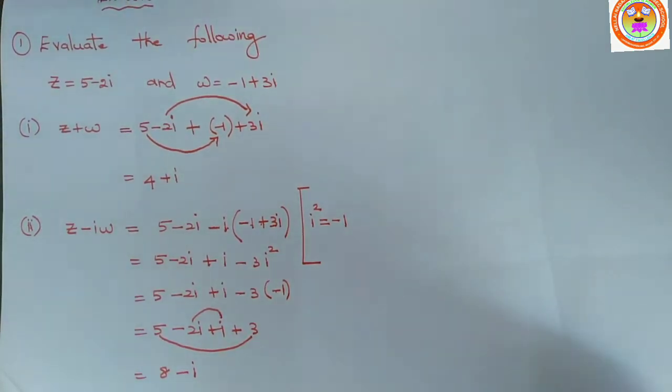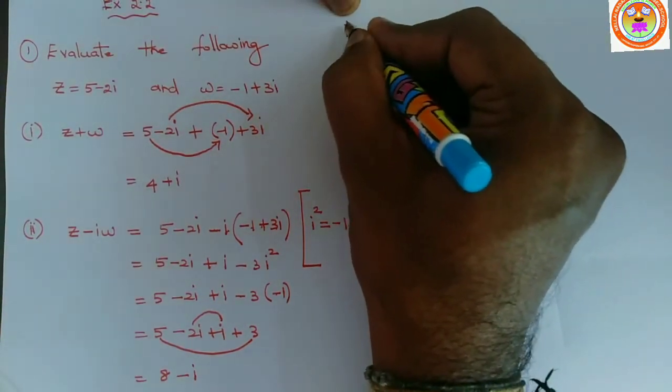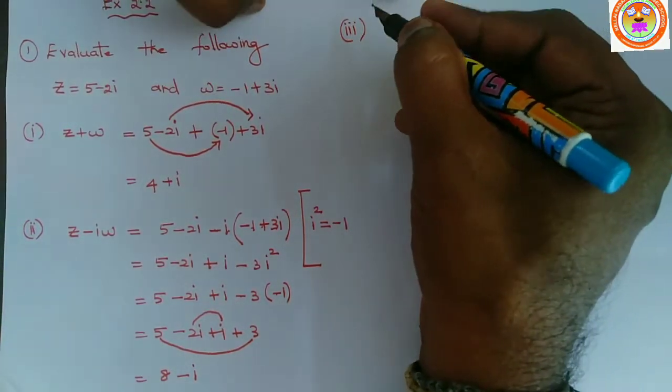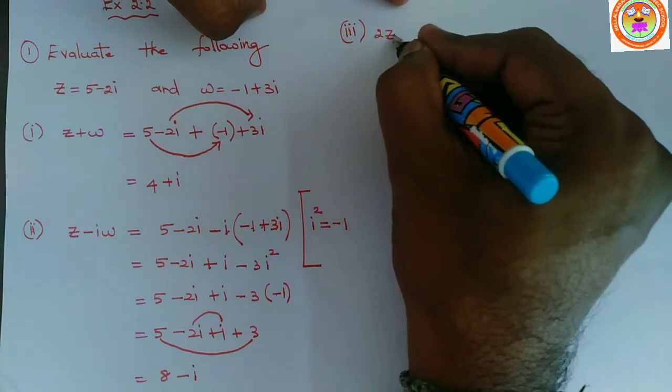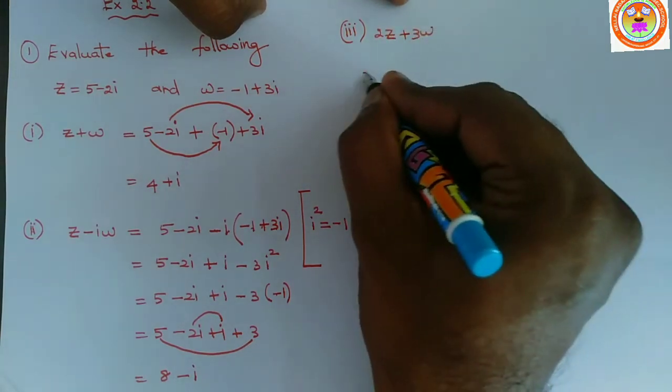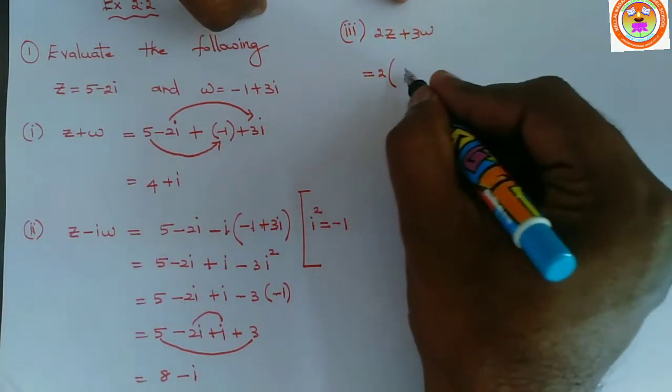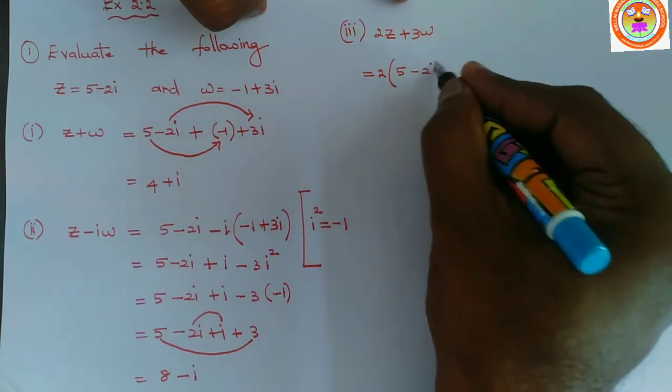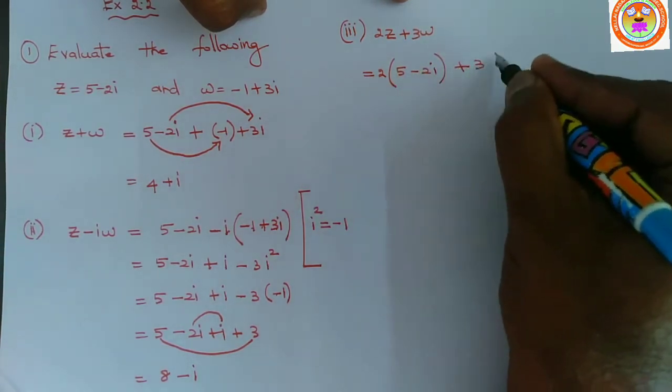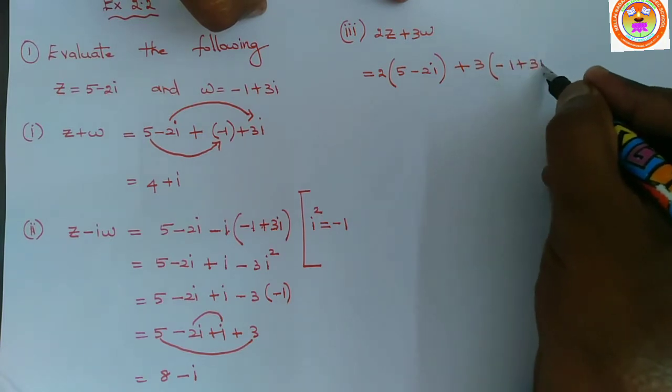Next, third subdivision. The third subdivision given for us is an easy subdivision only. 2z plus 3w. So 2 into z value is nothing but 5 minus 2i, plus 3w, minus 1 plus 3i.